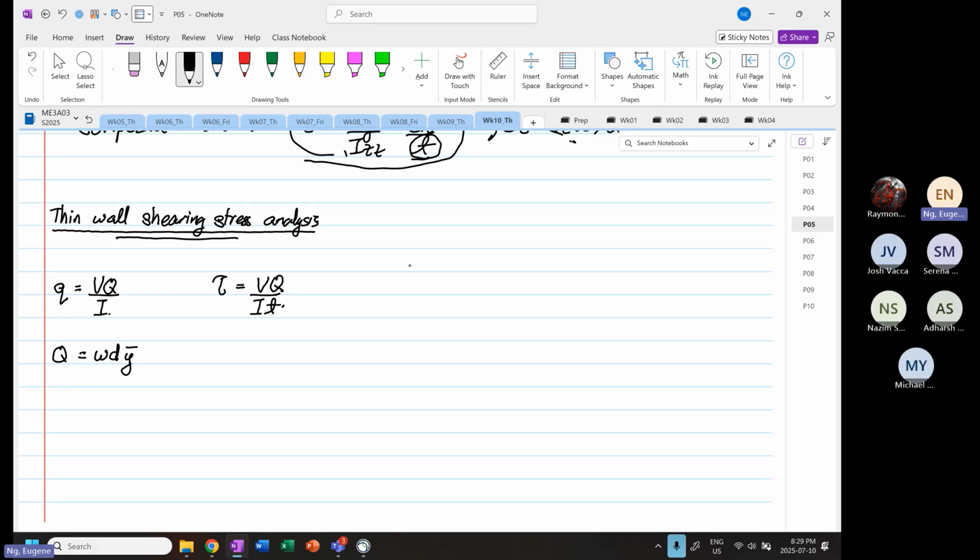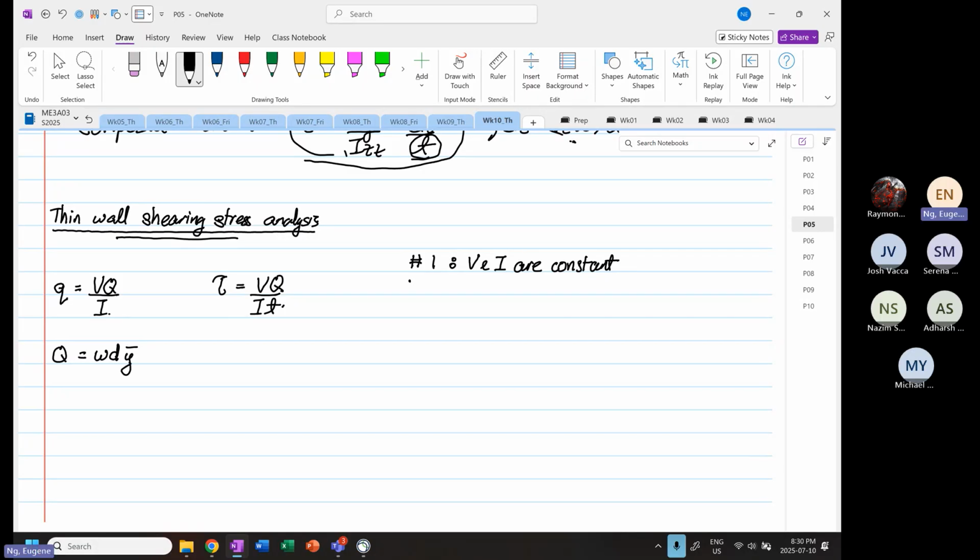And then we also apply the rules. The first rule for thin wall analysis is that V and I are constant.